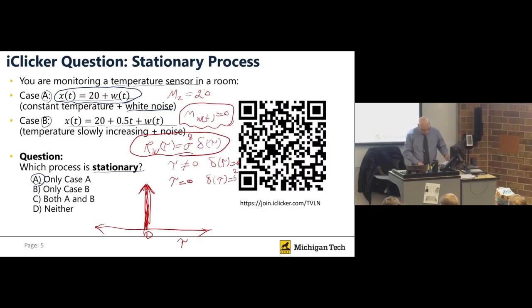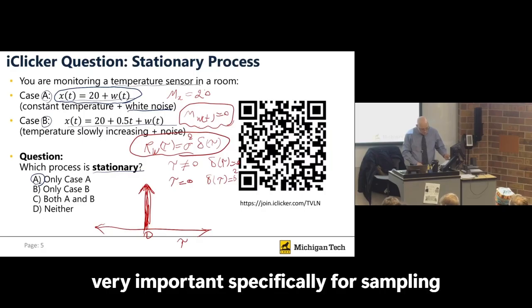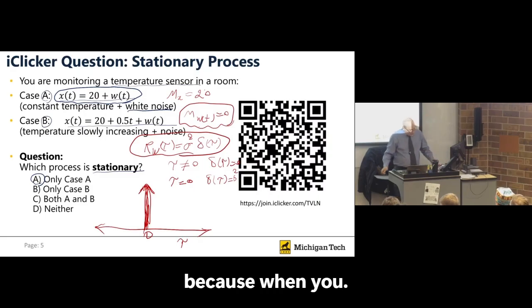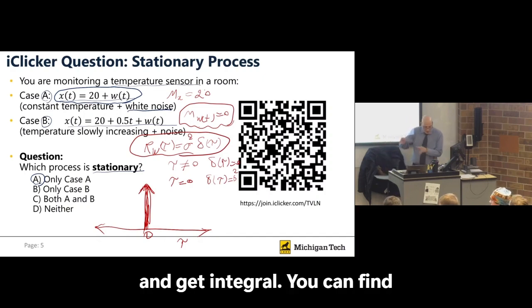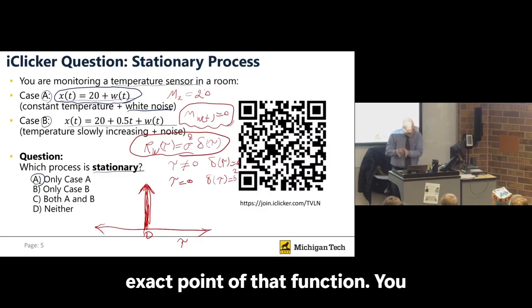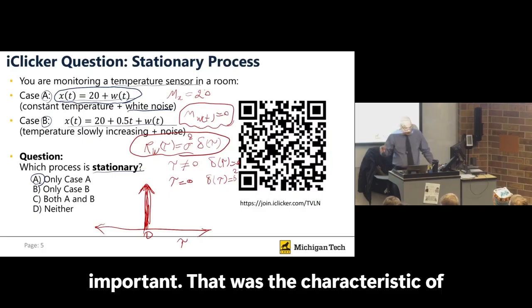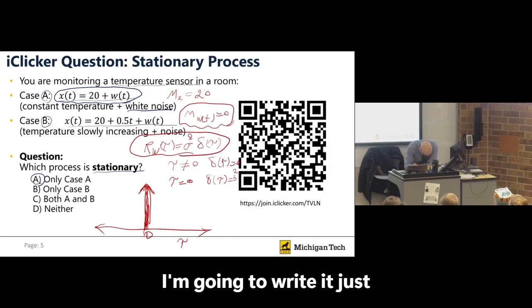This Dirac delta is very important, specifically for sampling, as I mentioned, because when you multiply it by a function and take the integral, you can find the exact point of that function. For digitization, it's very important. That was the sampling characteristic.